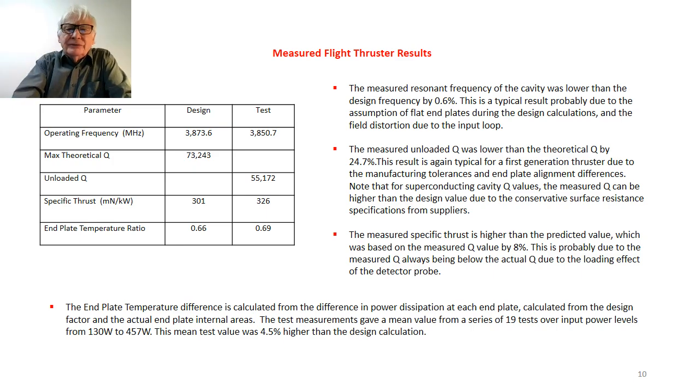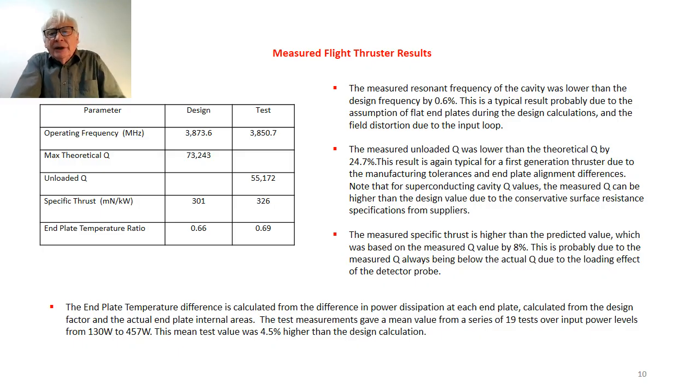The result of this is that when you measure the unloaded Q of the cavity, it's going to be significantly less than the maximum theoretical Q, simply because of the tolerance of the machining itself, and the tolerance of the alignment of the end plates.